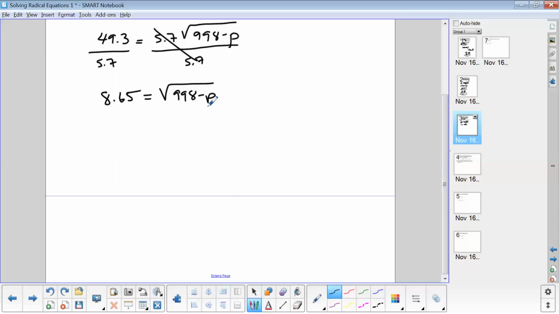So still can't get access to P without removing the radical. And again, that's going to happen as I square both sides. It's a common theme that we're seeing is squaring both sides when we're dealing with a radical with a root of 2. So that's going to give me 998 minus P is equal to approximately 8 6500 squared.